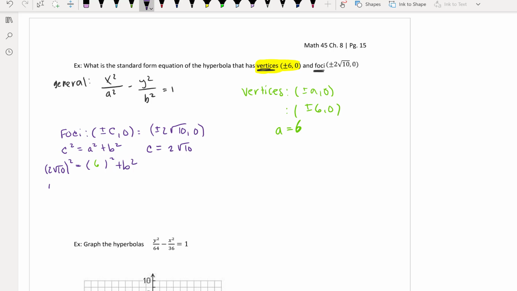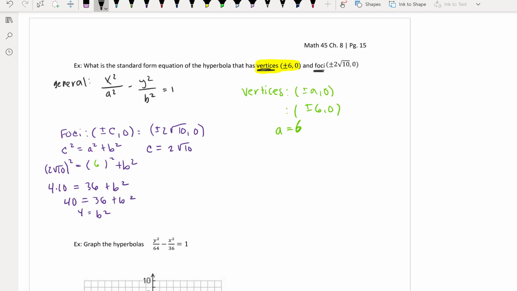So then here I would have 4 times 10 is equal to 36 plus my b squared. So 40 is equal to 36 plus my b squared. So I'm going to have 40 minus 36, and I'm going to get 4 is equal to my b squared.